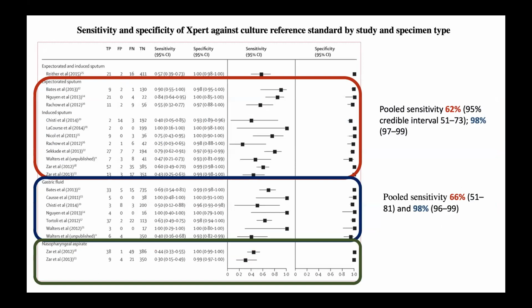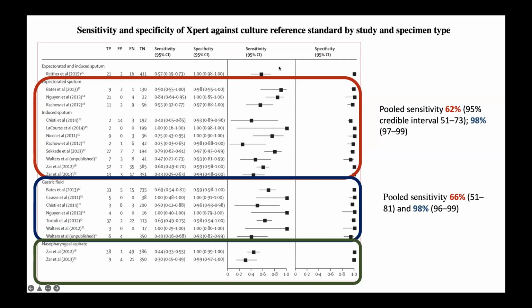So in the meta-analysis, they looked at the sensitivity and specificity, of course, again, I mentioned, by culture, against culture. And here in this red rectangle, we do see this is expectorated sputum, this is induced sputum.